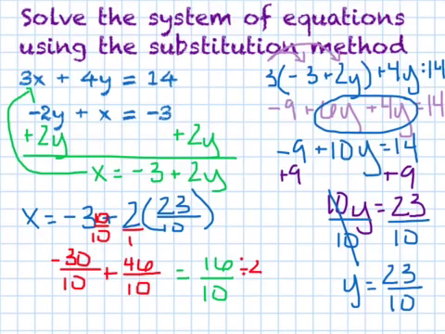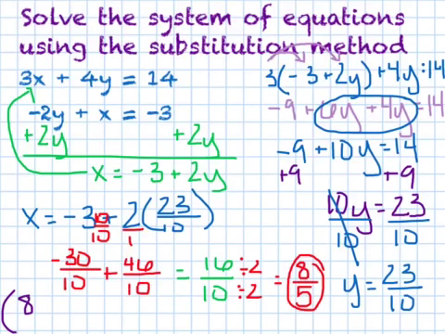We'll divide out a 2 on both parts, and that will give us an answer of 8 over 5 for your x value. So when we go and write that in to our ordered pair, it will be x comma y. So 8 over 5 comma 23 over 10. And yes, they are fractions, and yes, they are ugly, but the matter of fact is that is your answer.